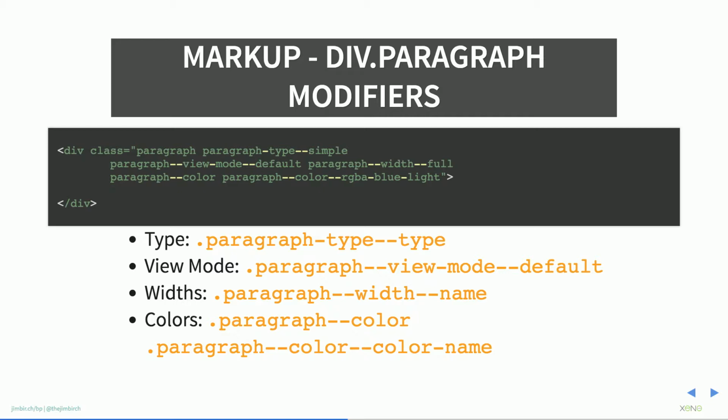So my modifiers on the default paragraph are these 4 things. The type. So if I'm an image, if I'm a carousel, if I'm a simple, I can add this class. Which view mode? This is default from the paragraphs template. So by default, we're using default. But if you were using a teaser view mode, you could also do that. The width gets applied here, and the color gets applied here.